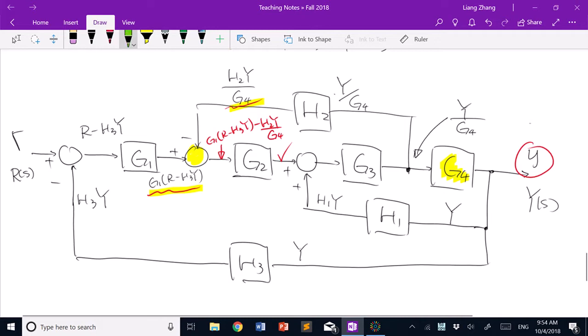So this signal right here will be G2 times G1 R minus H3Y minus H2Y over G4. That will be the input to the next summing junction.